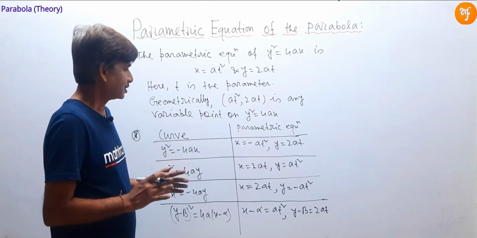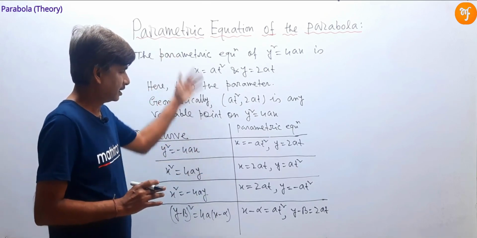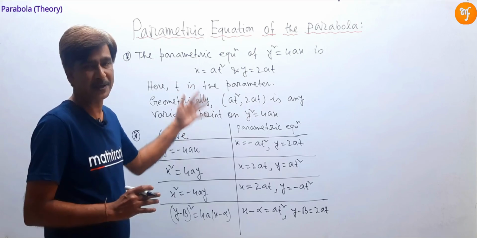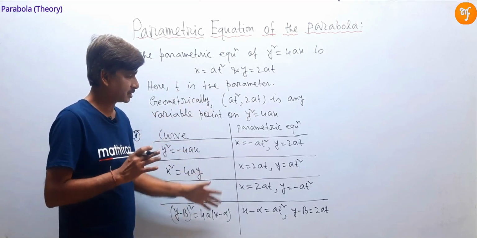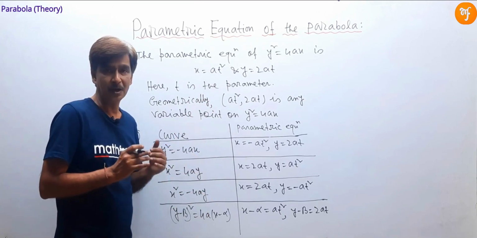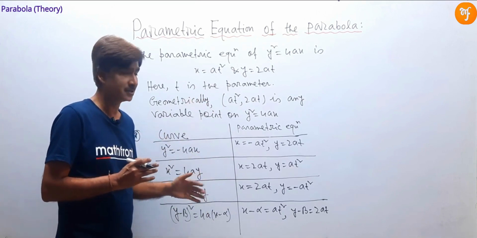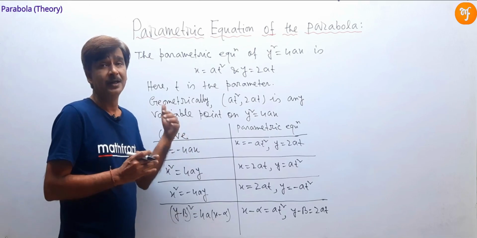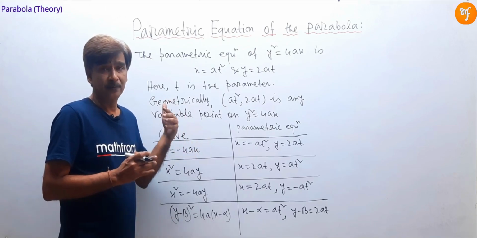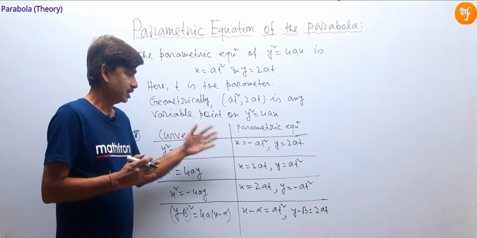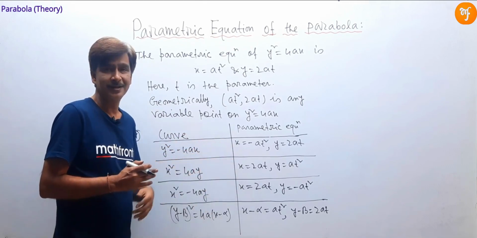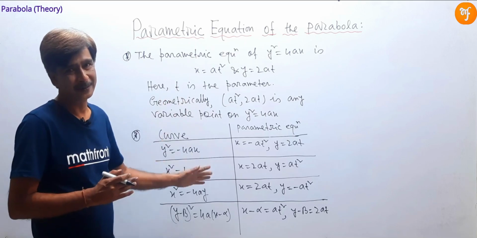Understand? Clear? So this is the discussion on the parametric equations of the parabola, and all of these 5 concepts belong to your syllabus. So please remember this, very important for the discussions of various properties of parabola or numericals in an easy way. We use this type of parametric equations.